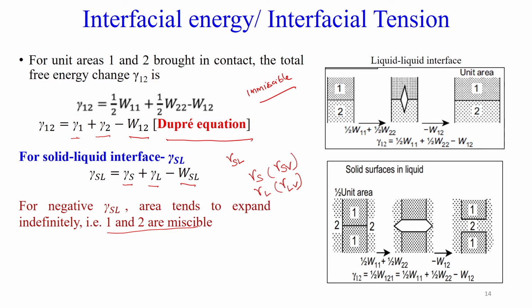If a solid is miscible in the liquid, then we are going to have a negative value of the solid-liquid interfacial tension.